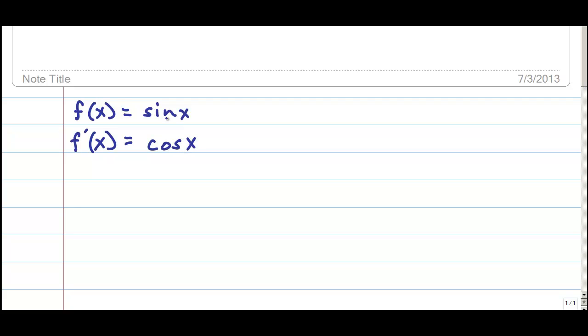Now, there's a difference between f of x equals sine x and this function, g of x equals sine 2x. So the derivative is going to be different, and it makes sense. Remember, the derivative is the slope of the tangent line at a point. So it makes sense that the slope would be different for sine 2x than it is for sine x.